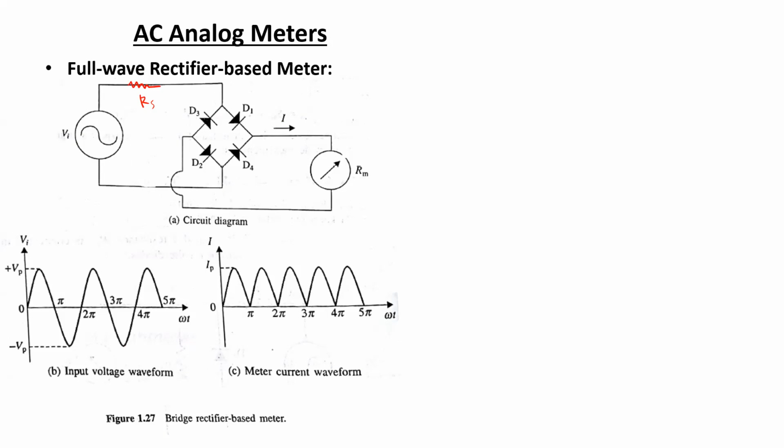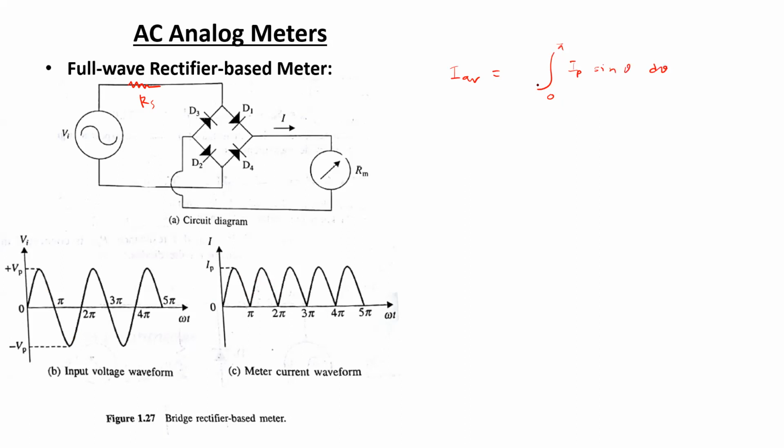So here the determination of the average value of the current would be a little bit different, because we are getting positive half cycles of current for both the positive and negative half of the input supply. So in this case, the average current can be determined as integration from 0 to pi of IP sine theta d theta.